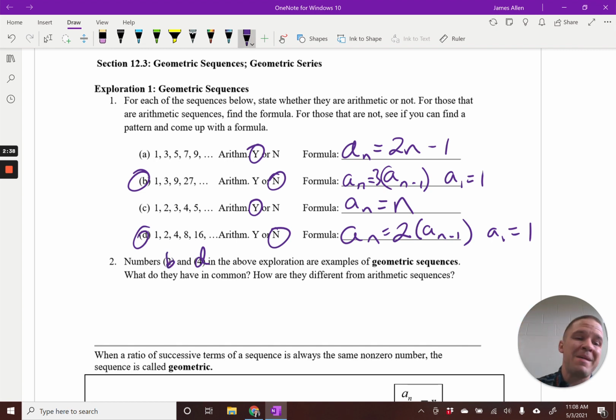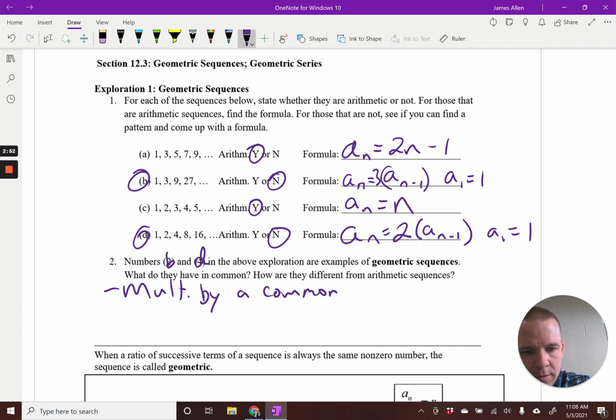Those are geometric sequences, okay? What's happening there? Well, they're multiplying by a common number. We'll call it ratio, or we'll say it's a common number for now. And so that's what's different, right?